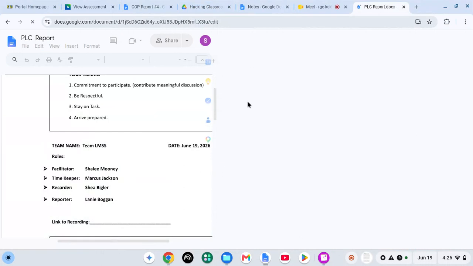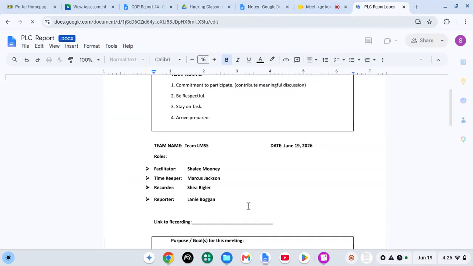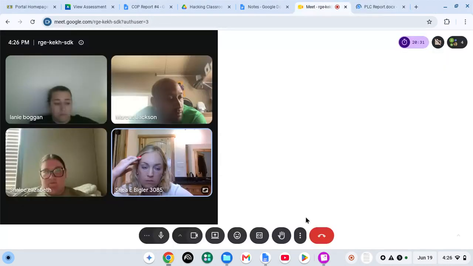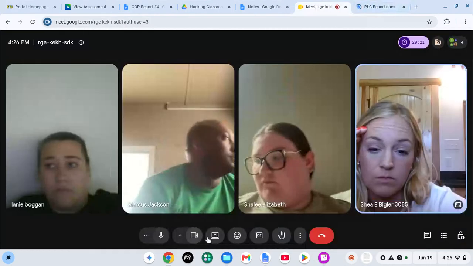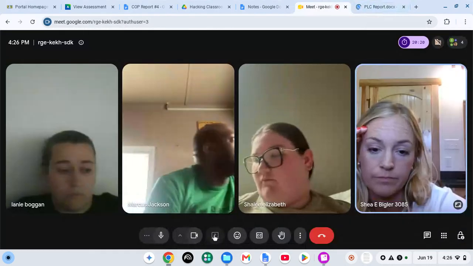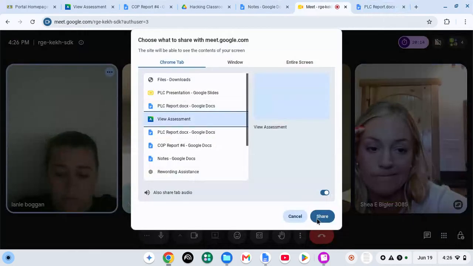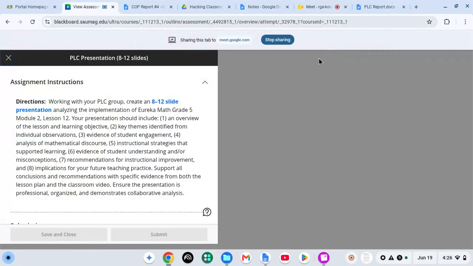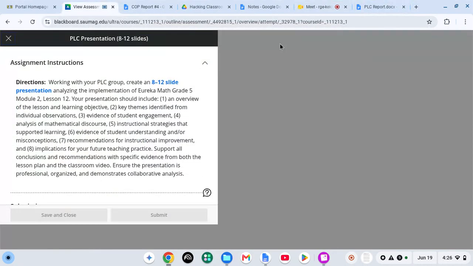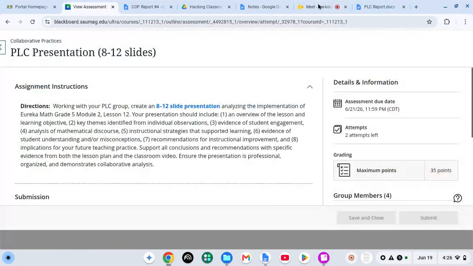I don't know why my computer is moving so slow. Nope, that's not the right thing. I don't know why it's not pulling up. But anyways, I filled out our PLC report and I'll submit it into our group chat.